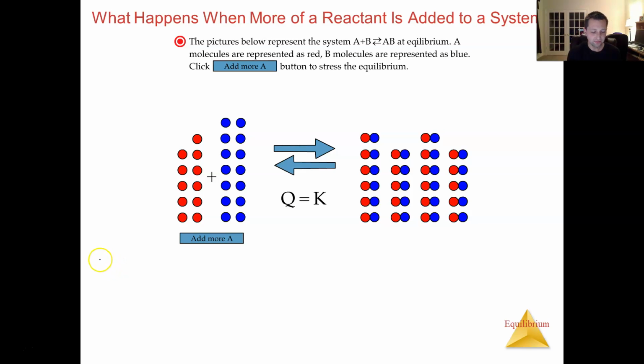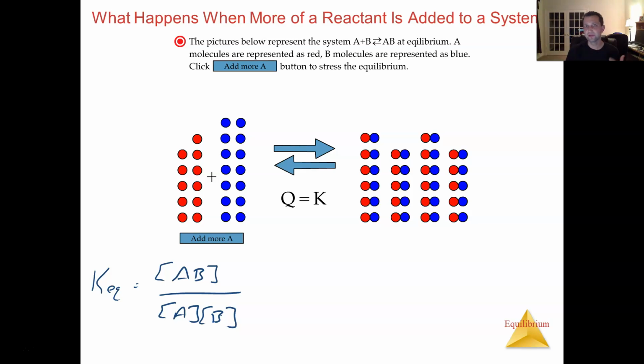So KEQ is your products, which is your AB, over your reactants, which is A times B. All the coefficients are 1, so everything is raised to the first power here. The KEQ value is going to be how many products you have, which if you count them up, there's 22 of them. I'm not going to put the brackets here to save some time and make it less sloppy, over your reactants.